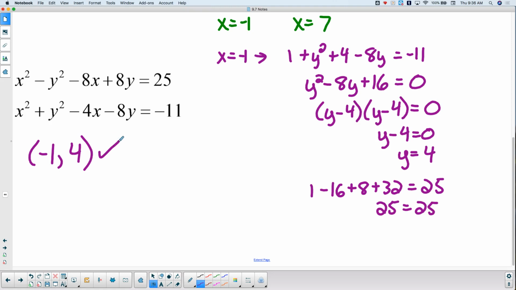So what if it doesn't work? Then it gets thrown out. Nothing on that one. Okay, but I'm not done yet, because now I got to do x equals 7.